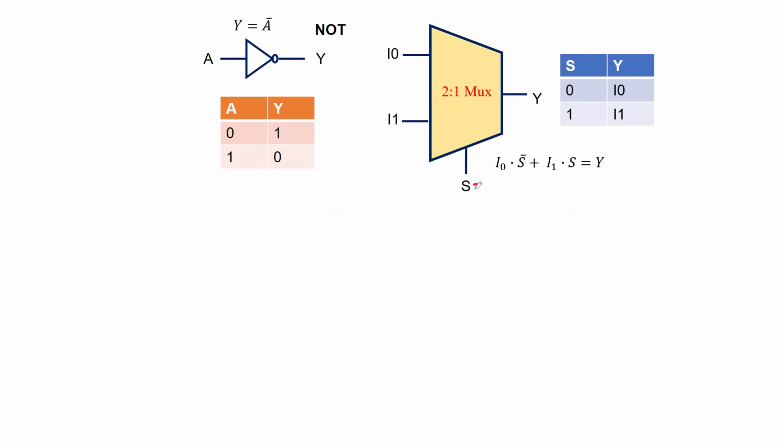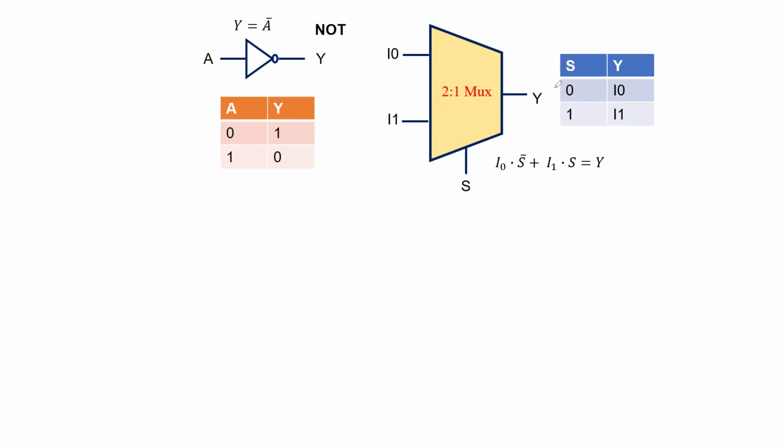So when S is equal to 0, we know that I0 gets connected to the output Y, whether logic 0 or logic 1 is present at I0. When S is equal to 1, we know that I1 gets connected to the output, whether I1 carries 0 or logic 1.